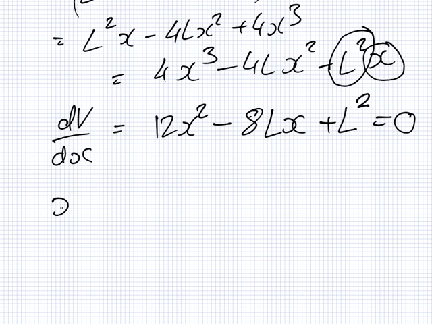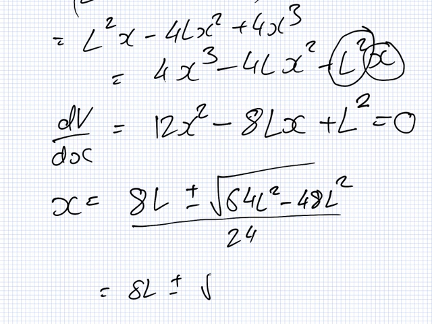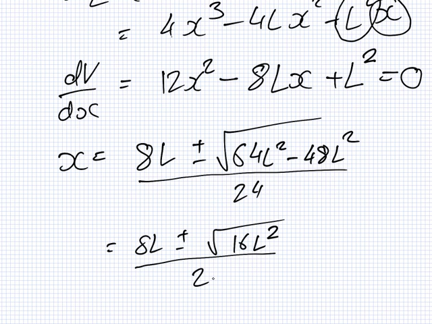So x equals minus b plus or minus the square root of b squared minus 4ac, all over 2a. That would be 8L plus or minus the square root of, what's that now, 16? Actually, that's not too bad. 16L squared has a root.